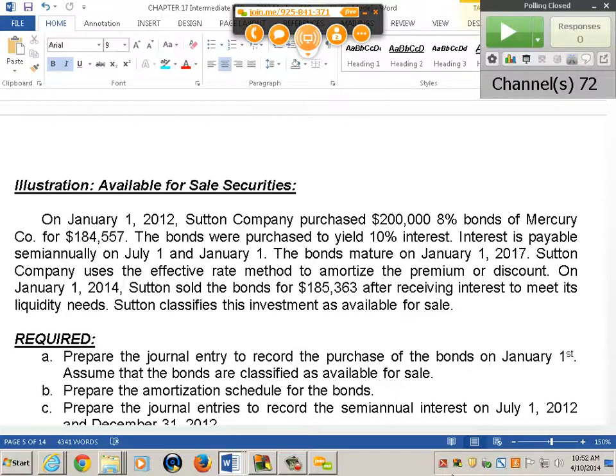The bonds will be purchased at a discount. Now, the only thing you have to do with this material is sort of go back to Chapter 14 and just turn it upside down. This is the flip side.